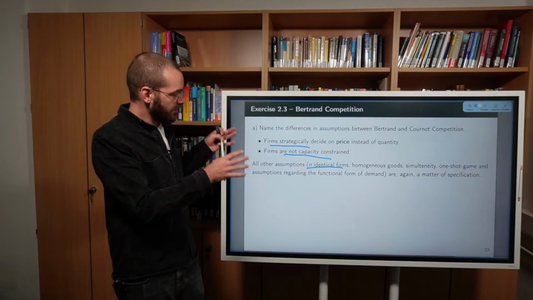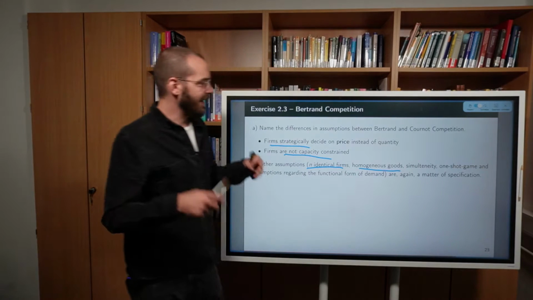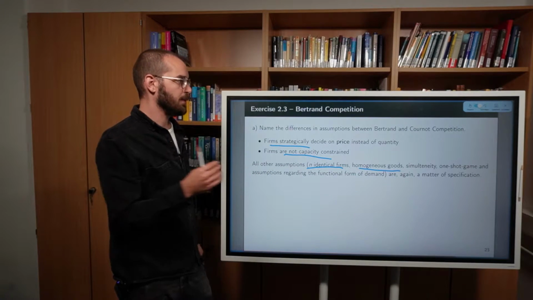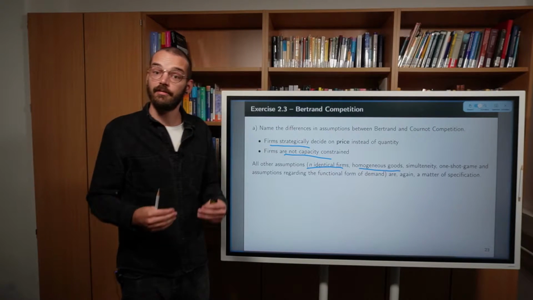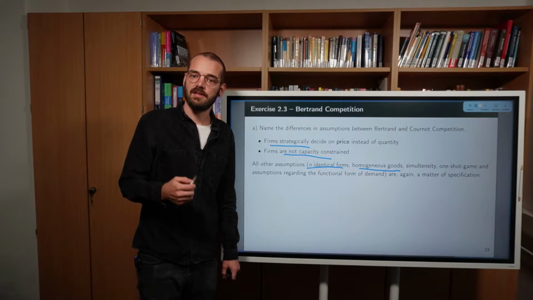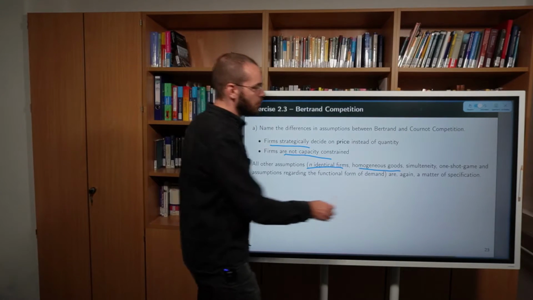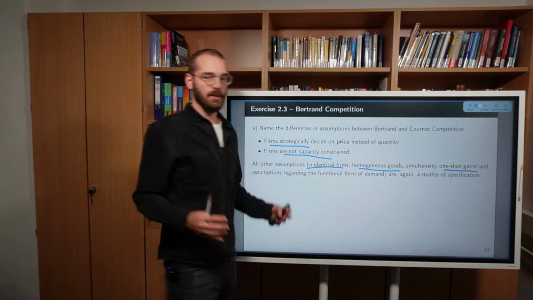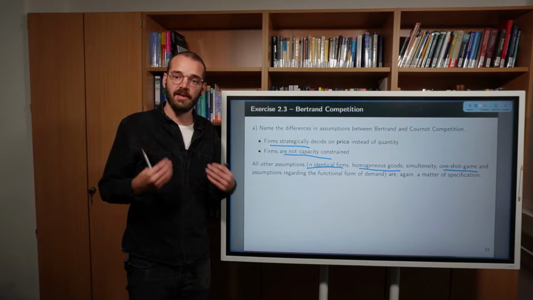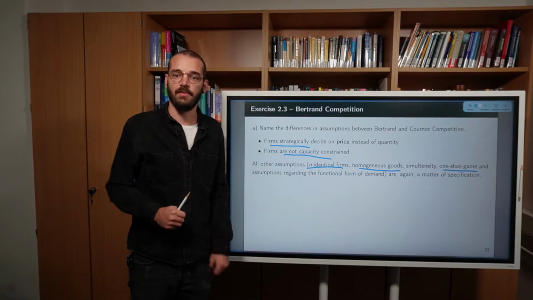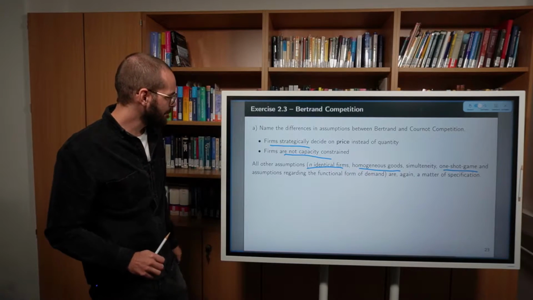We will, in this very specific and simple model, assume there are homogeneous goods. We will again, similar to what we saw earlier in Cournot competition, assume that there is simultaneity, so all firms are making their strategic decision at the same time, a simultaneous game. Again, we will assume that this is a one-shot game, so we are only considering what happens if firms are playing one single period, there's only one single decision, then the market outcome realizes, and then it's the end of the world, and there are no second periods.